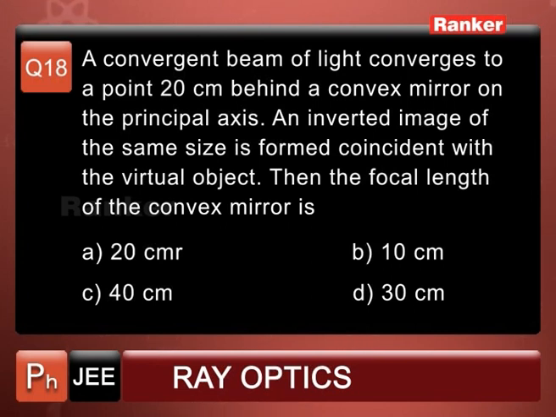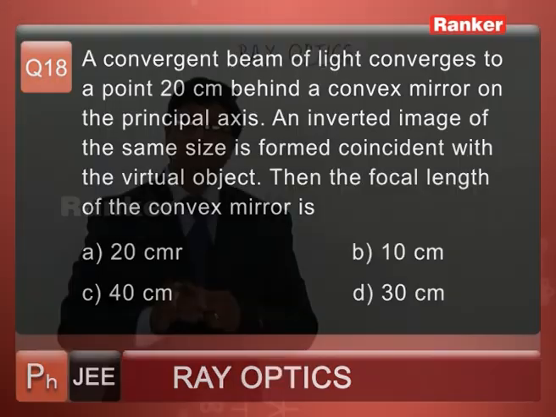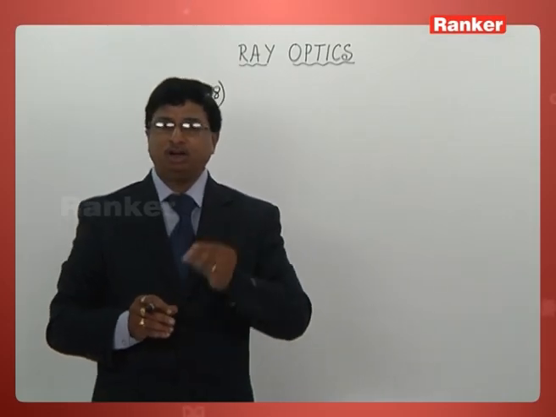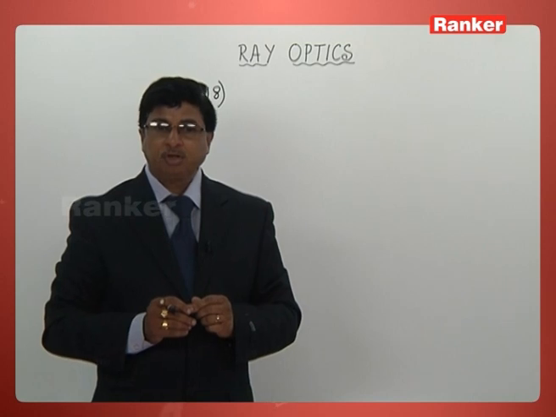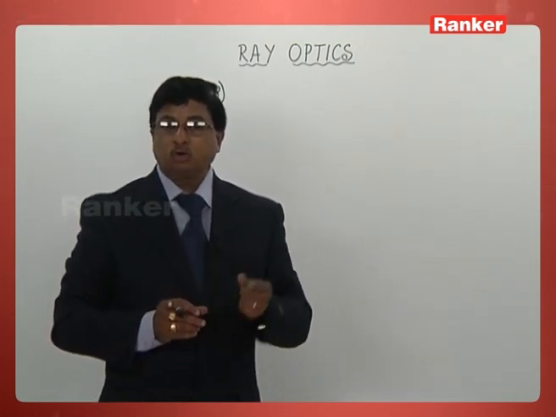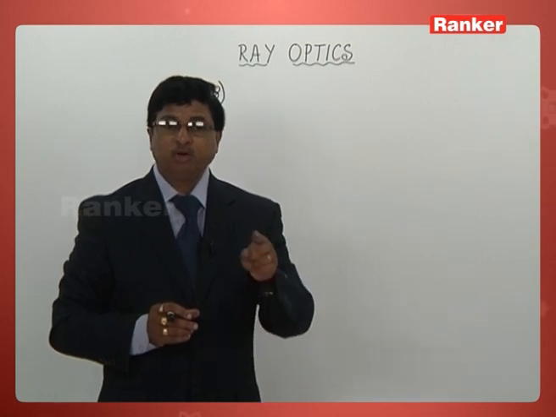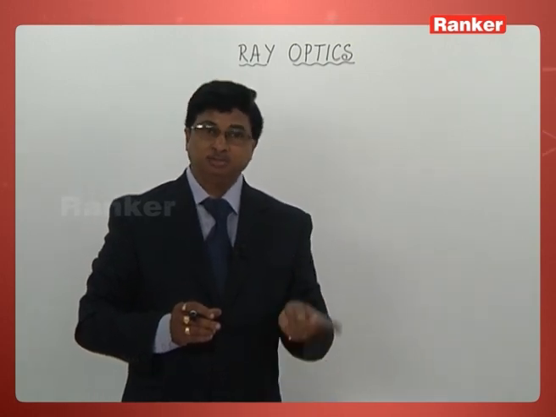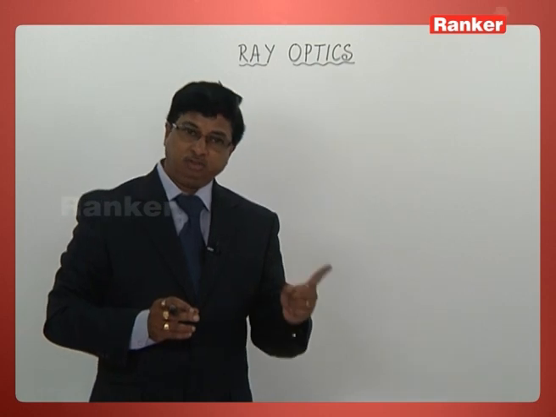Then the focal length of the convex mirror. Only thing one should understand is the second sentence carefully. An inverted image of the same size is formed coincident with the virtual object. Object is virtual and image is coinciding with that virtual object there.